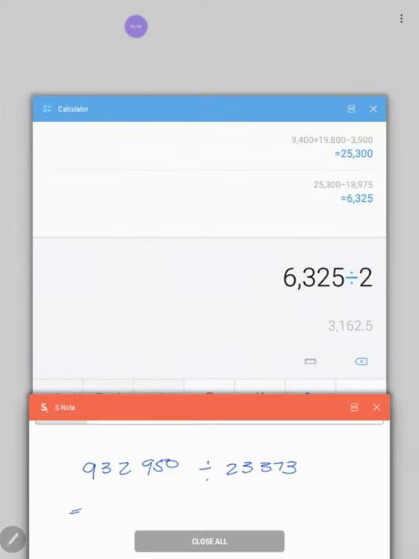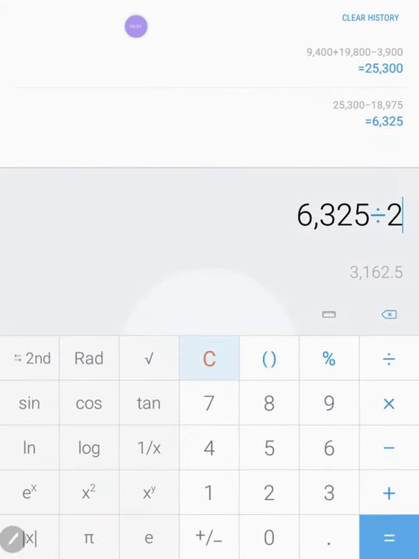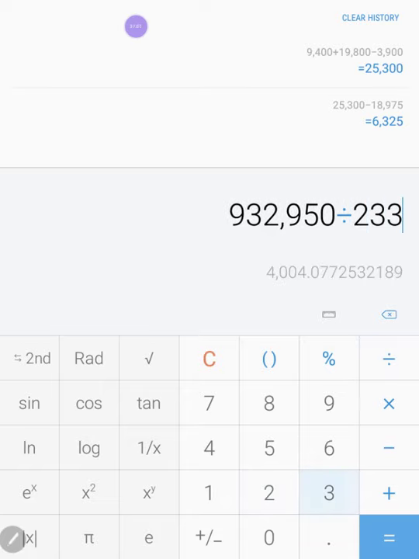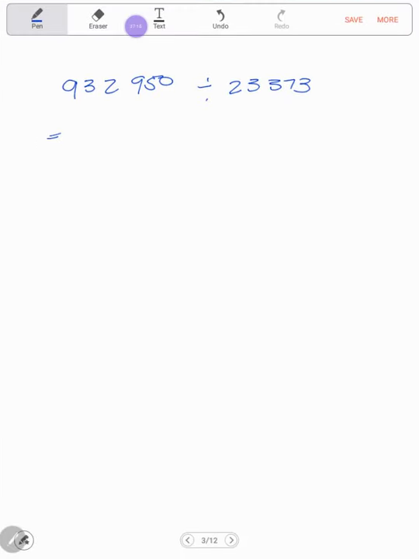So let's work that out. 932,950 divided by 23,373. So the cost of the production is going to be 39.9, but we're rounding off to the nearest rand, so 40 rand to produce a pair of shoes. Then they say calculate how many shoes were sold. So we're going to take the 40 rand, the cost of one shoe, times 150 over 100.